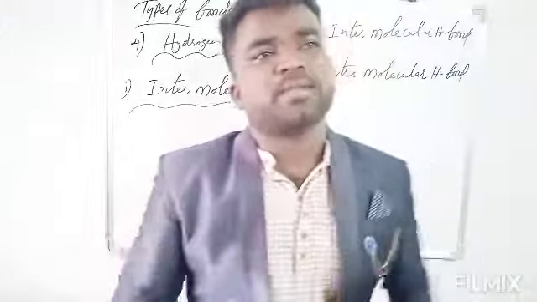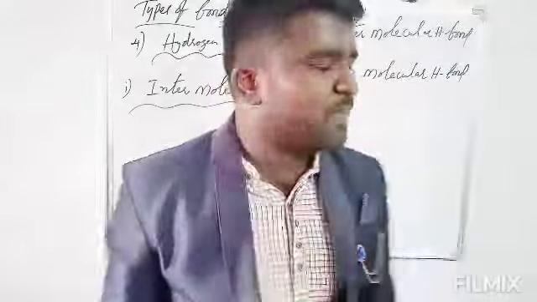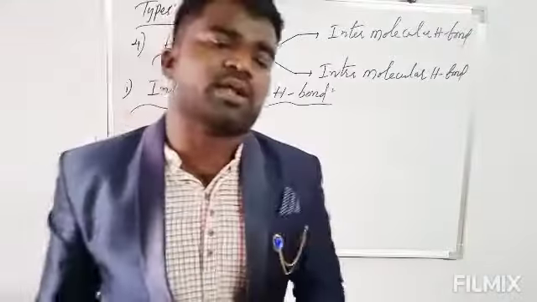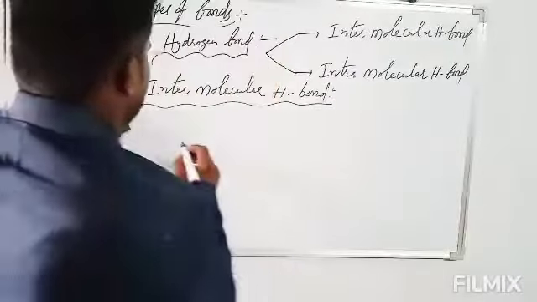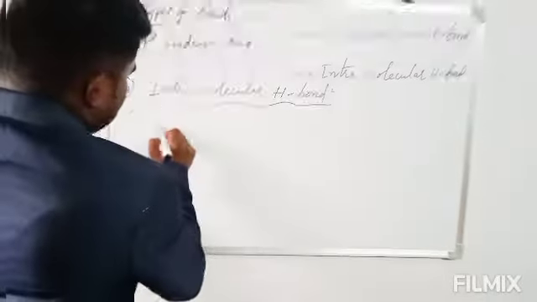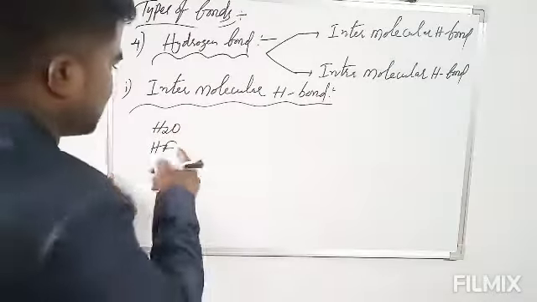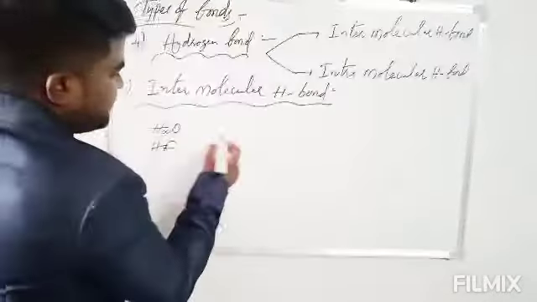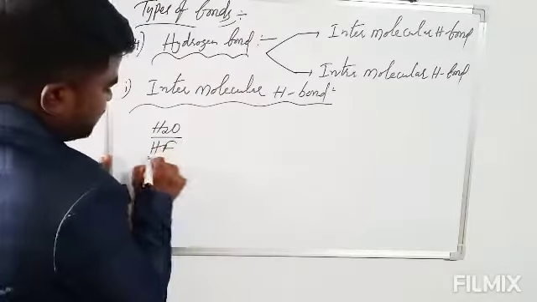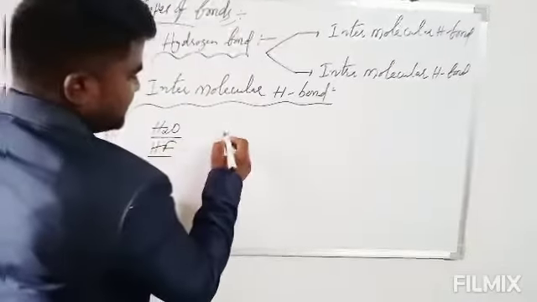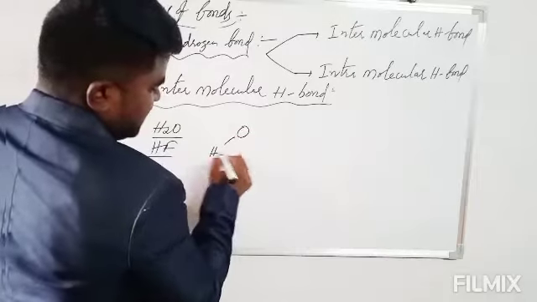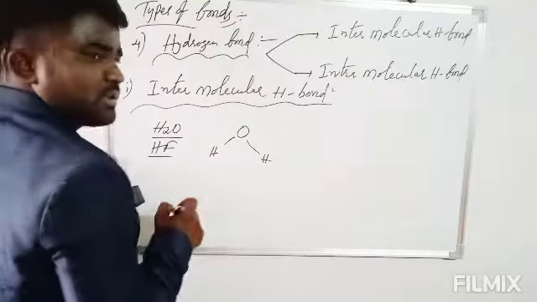That type of bond is known as an intermolecular hydrogen bond. For example, if we see an H2O molecule, or HF, hydrogen fluoride, like that. If we see here the water molecule, this is the structure of a water molecule.